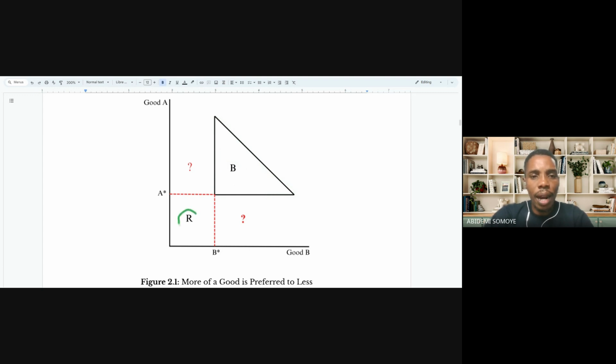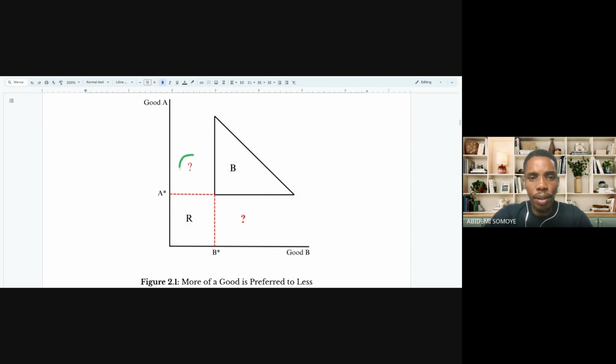This area of R here shows you are consuming less of good A and good B, which gives you lesser satisfaction. Of course, you prefer good B. You prefer a position of B than a position of R. This is the position that satisfies more is better.